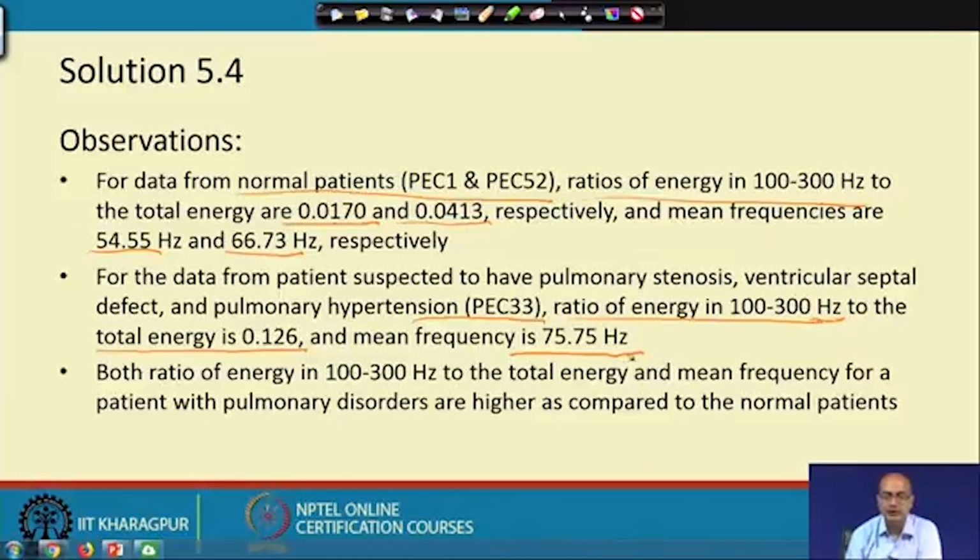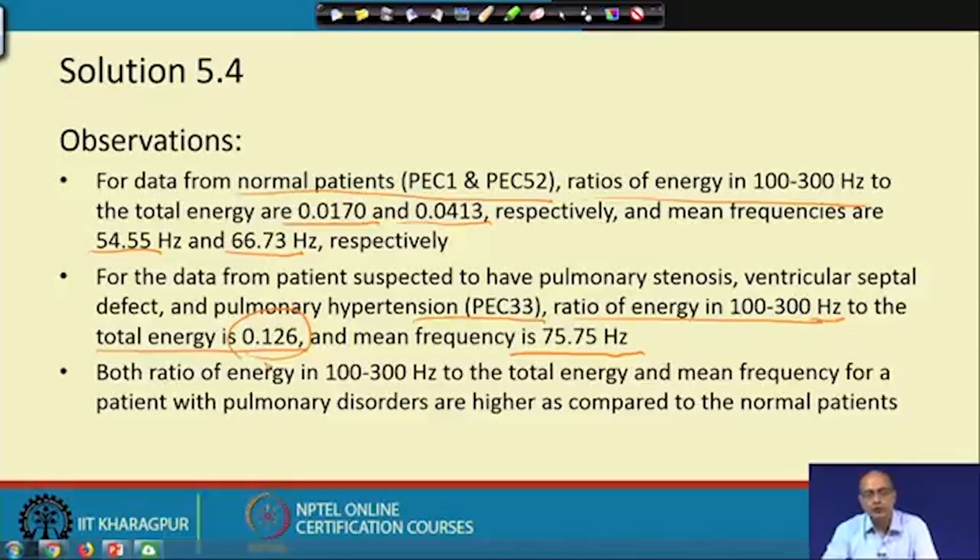So, from these we can see that the ratio of the energy and the mean frequency both are higher when it is a pathogenic case, because clearly we get 12.6% energy there, which is an order of magnitude higher than the normal cases.